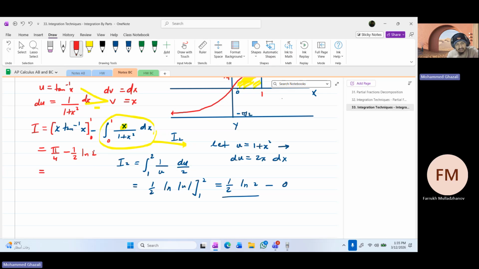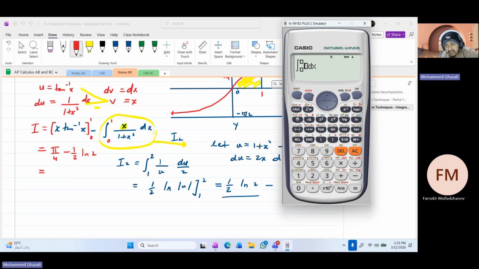Now I want to see what the decimal value of this is, and I want to put it into the calculator to double check. So I'm trying to find the integral from 0 to 1 of tan inverse x, and I've got an answer of 25.14. Oh no, this is in degrees. Be careful, we need to put our calculator in radians mode.